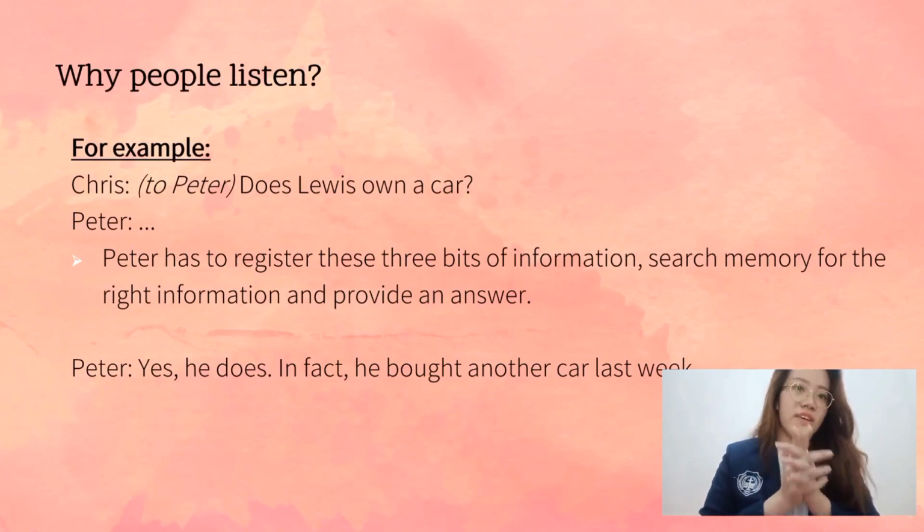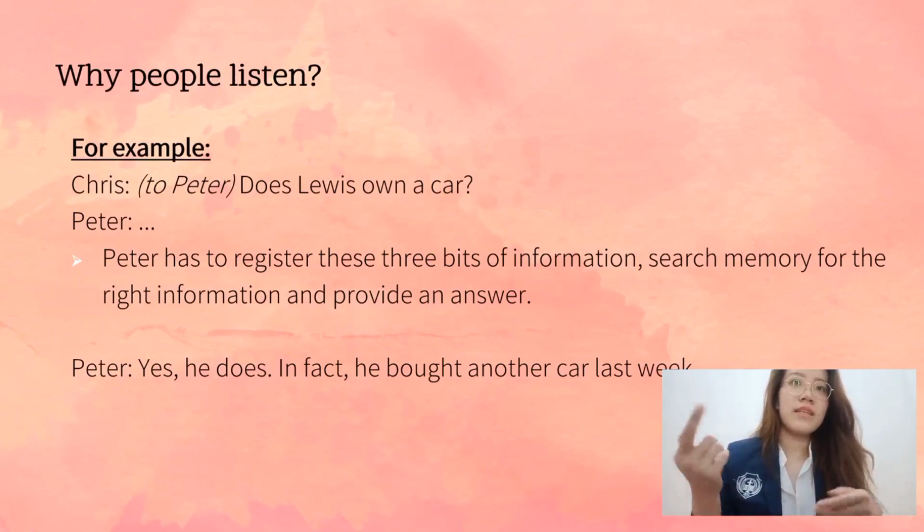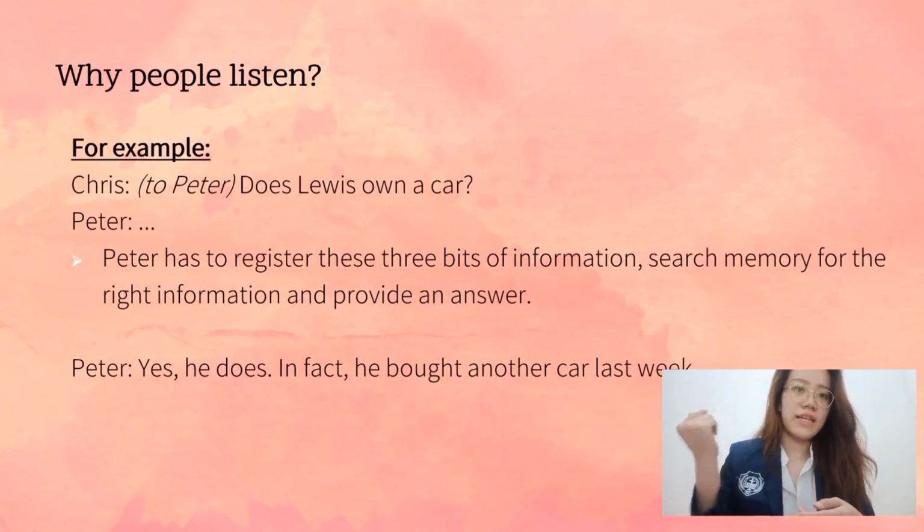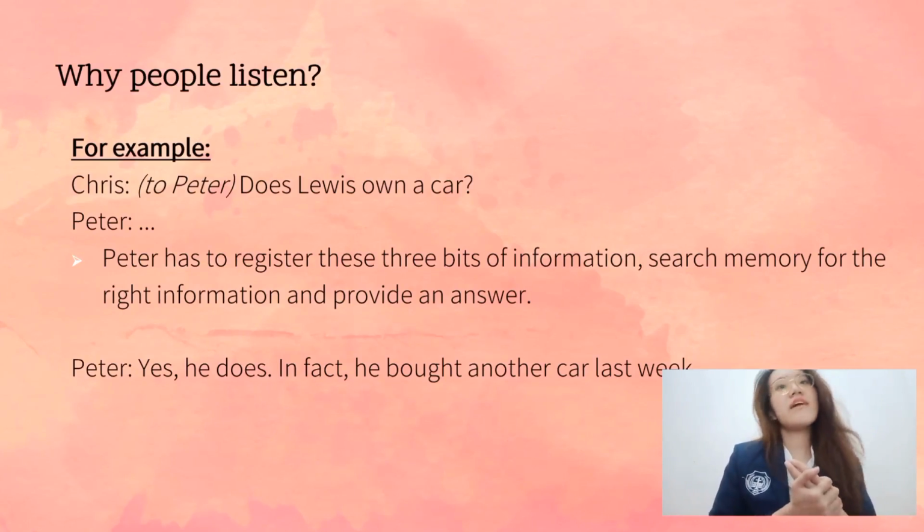After Peter is done with those processes, Peter can deliver the information to Chris. Just like that, Peter can answer Chris that yes, he does. Lewis does. In fact, he bought another car last week.